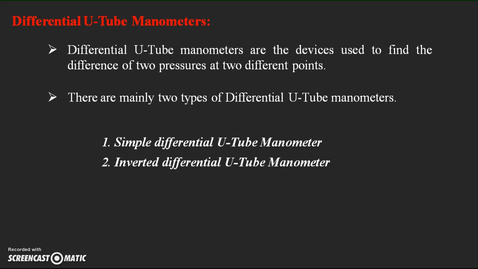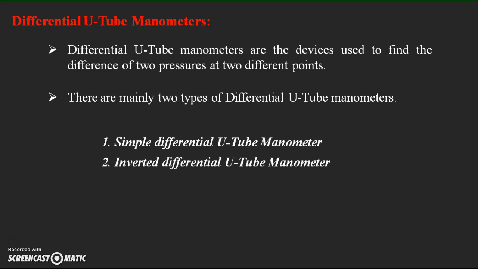So based upon the high and low pressure values for which we need to find the difference, we can use either one. In this video, first I would like to explain the simple differential U-tube manometer only.